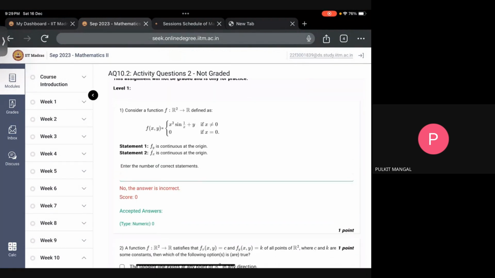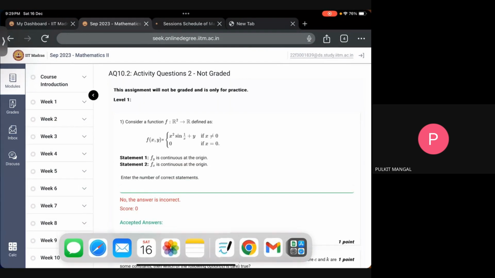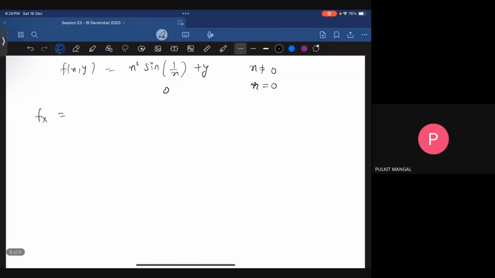We are checking for the origin. We need to also consider the case when the point is not at the origin. So this is the function fx when x is equal to 0. Now if x is not equal to 0, in that case, what would be the partial derivative?